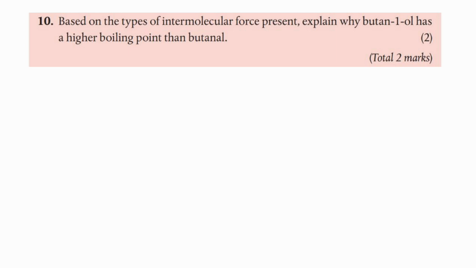All right, based on the types of intermolecular forces, explain why butan-1-ol has a higher boiling point than butanal. So when we're looking at naming IUPAC for organic molecules, remember but stands for 4 carbons: meth, eth, prop, but.